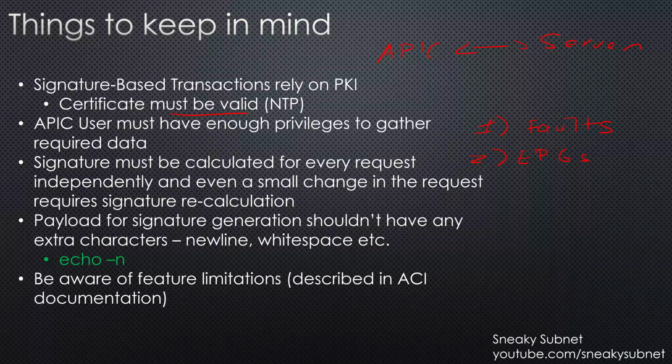If you change something in that request, for example, you add some filters to your get all EPGs request, you will have to recalculate the signature again, because technically this is a different request and the hash for that request should be different. Your signature would be different.